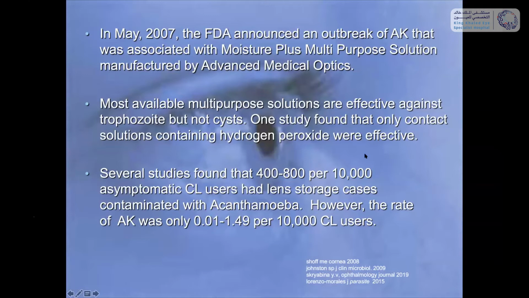Several studies found that 400 to 800 per 10,000 asymptomatic contact lens wearers had lens storage cases contaminated with Acanthamoeba. So if we take samples from the storage case of the contact lenses, even with the contact lens solution, we will grow Acanthamoeba.